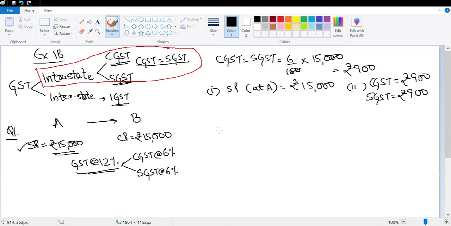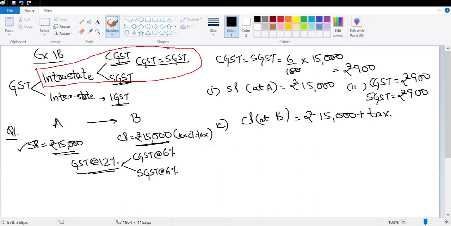Part 3 is the CP at B. Now CP at B is equal to SP at A, which means it's equal to rupees 15,000 plus tax. Here I have written 15,000, which is excluding tax. Usually your question will clearly say whether they want an answer with tax or without tax.